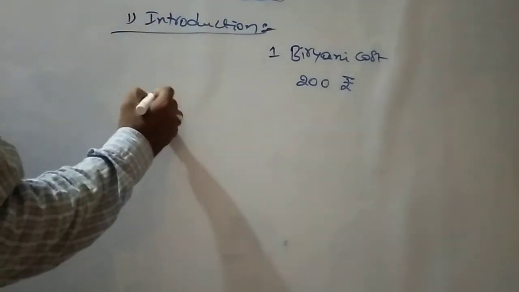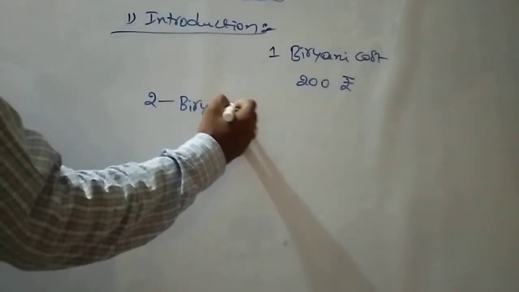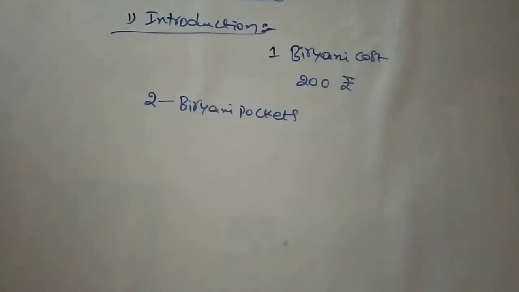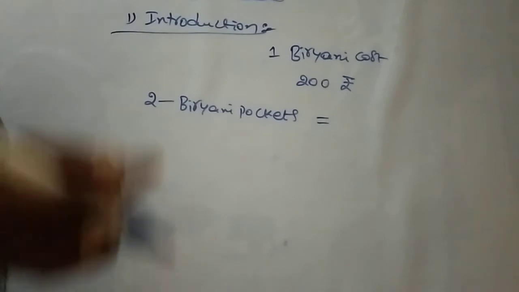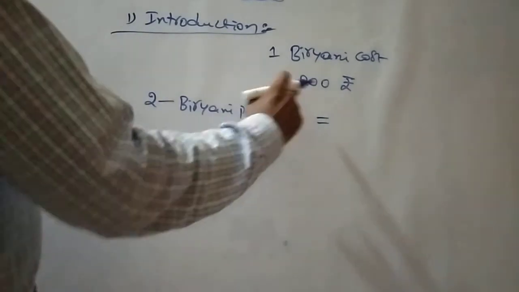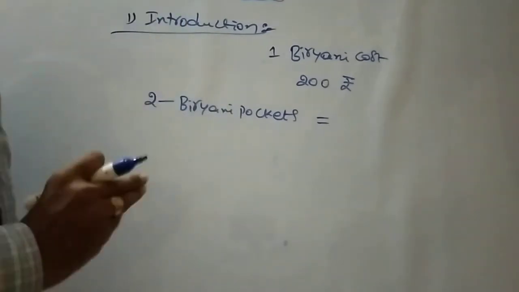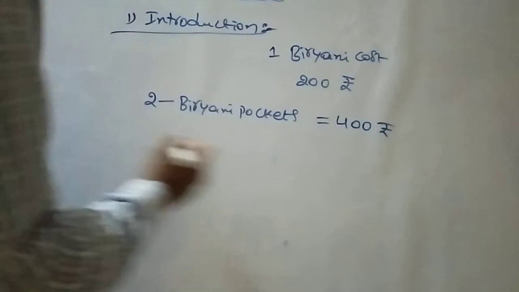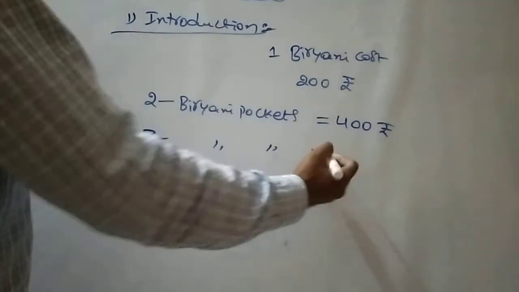Suppose you want 2 biryani packets. What is the amount you need to pay? First biryani 200, second biryani 200, total 400 rupees. Like that, suppose you want 3 biryani packets next time.